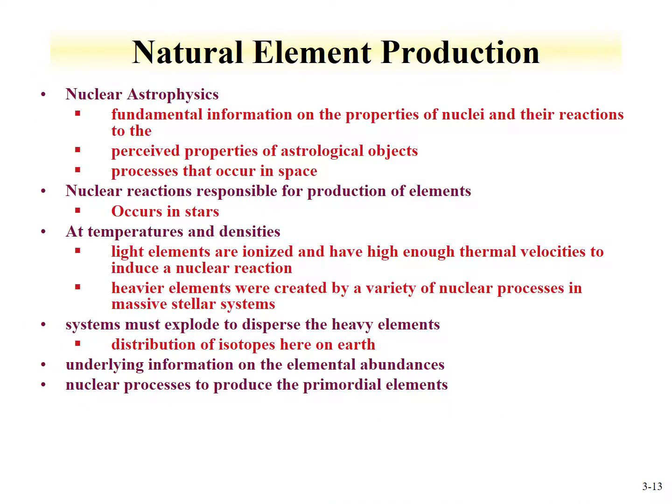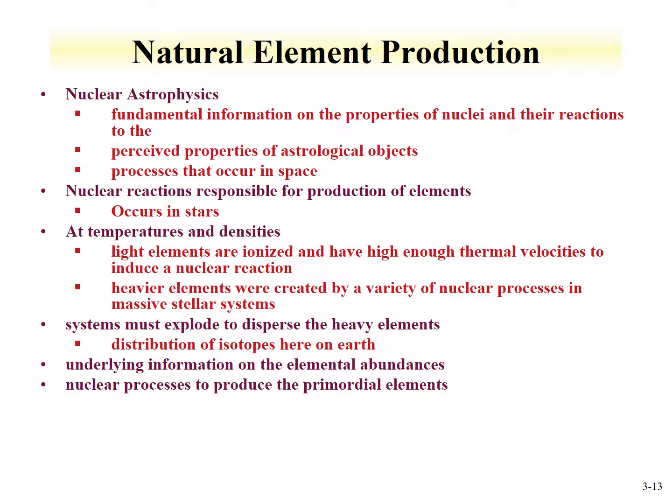We can use these nuclear reactions to describe what occurs in stars to produce elements. This is driven by the fact that stars have high temperatures and densities to provide enough energy for nuclear reactions to occur. Once the elements are made in stars, they are dispersed.